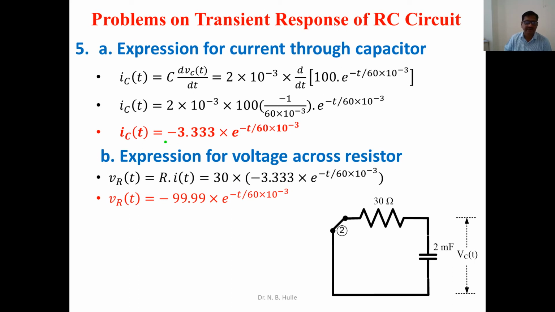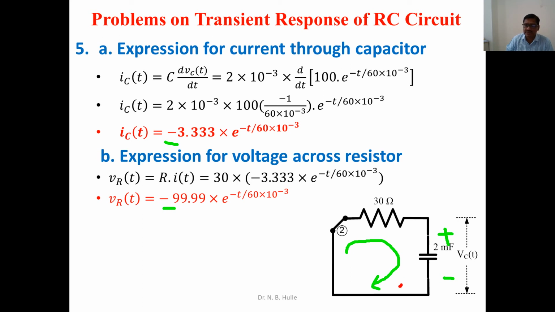Why are the current flowing through the capacitor and the voltage across the resistance negative? I will justify this. When the capacitor was charging, with the switch in position number 1, the current was in the original direction, and the capacitor was charged to its maximum value of 100 volts. When the switch is shifted to position number 2, the capacitor acts as a source.